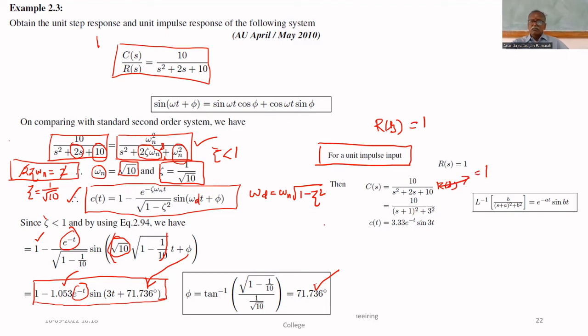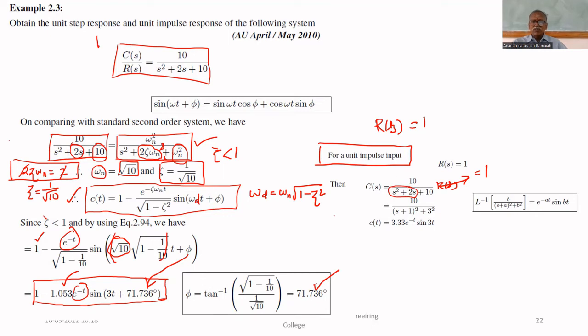So we got this. Now we have to find the impulse response. We have to see the roots, not equal roots, distinct roots. That's why we can write these two can be combined.